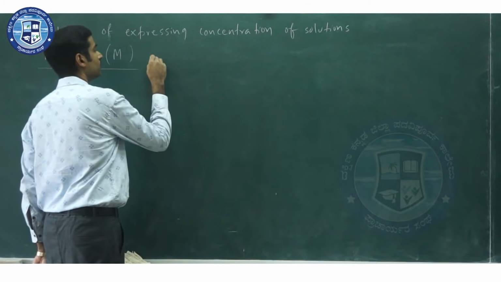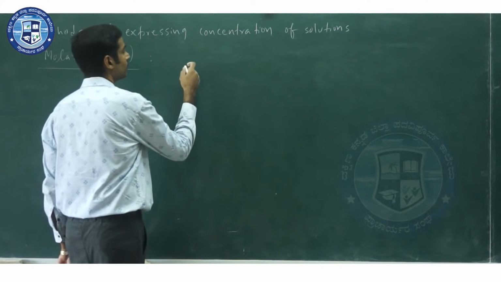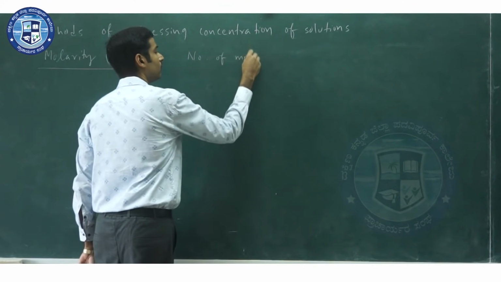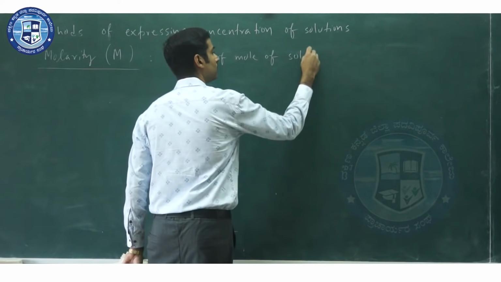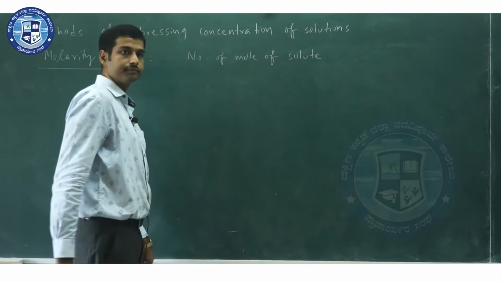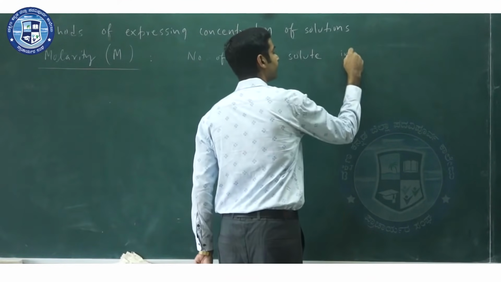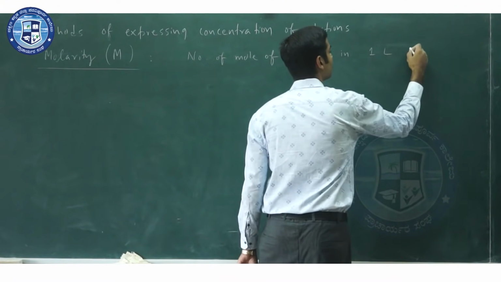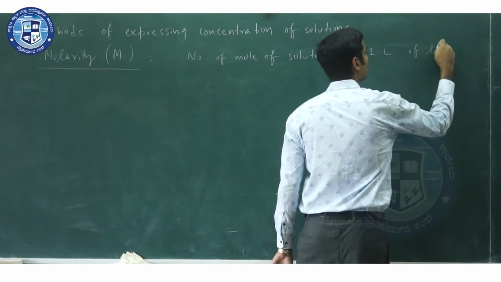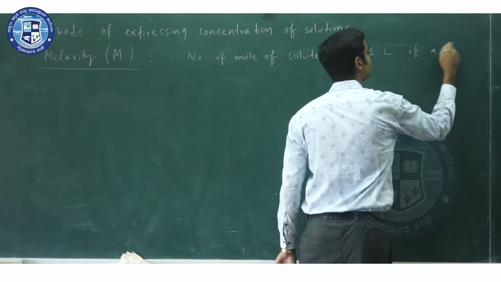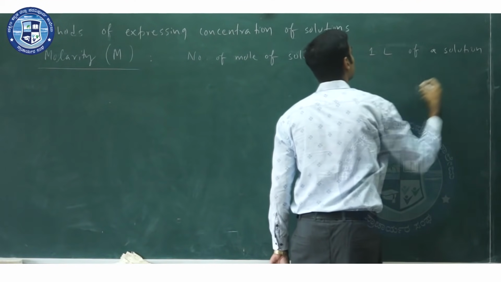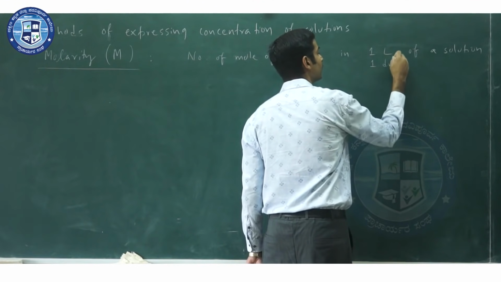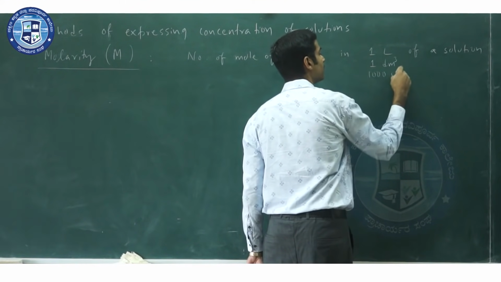Molarity of a solution can be defined as the number of moles of the solute in 1 liter of a solution. 1 liter, you can also express this as 1 decimeter cube or 1000 centimeter cube.